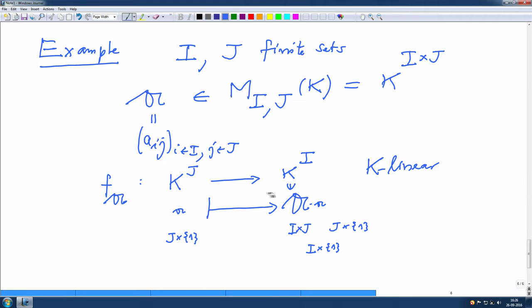Another thing one should note here is that it is not really necessary that these are finite sets. If they were not finite, I will put round brackets here and it will still make sense, because the matrix multiplication will still be defined, since the columns will have only finitely many non-zero entries.